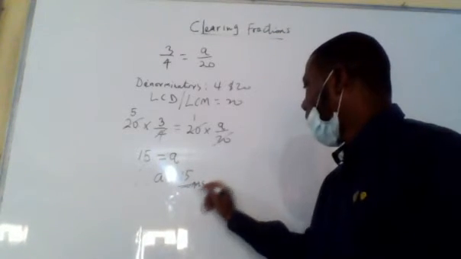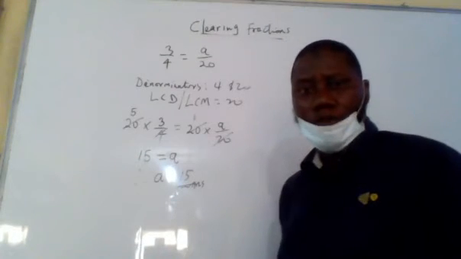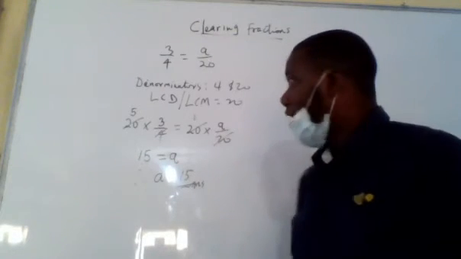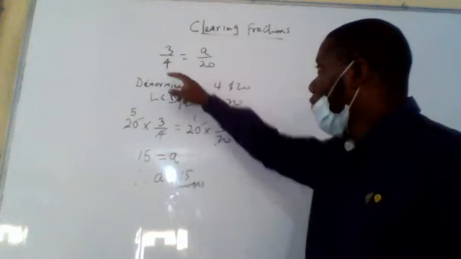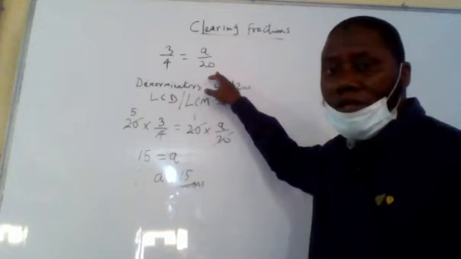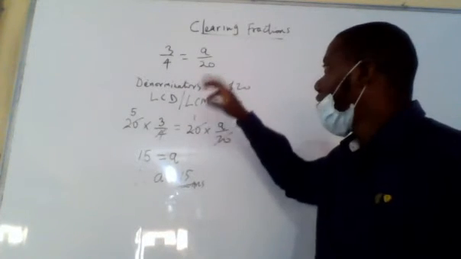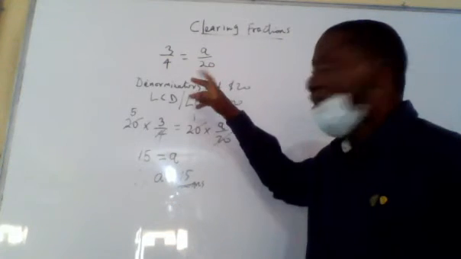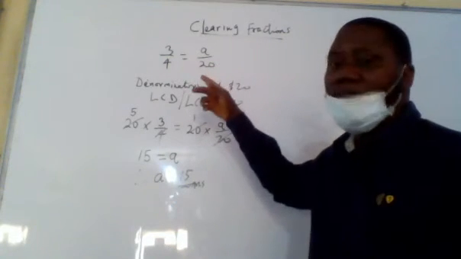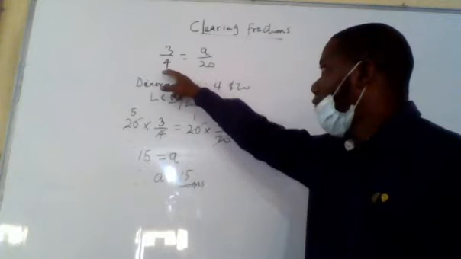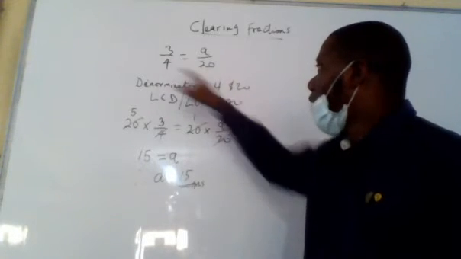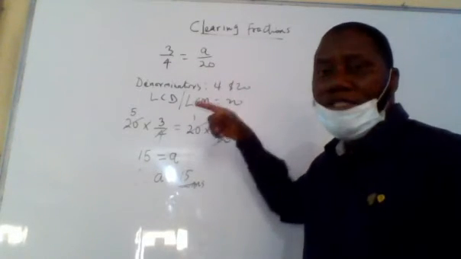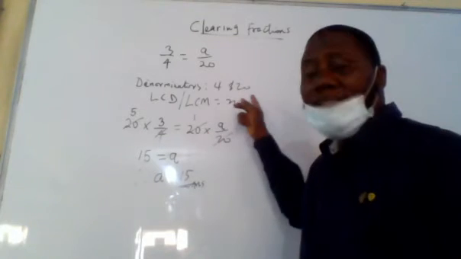That is the answer. Okay, don't forget what we have done. We identify the lowest common denominator, and how do you do it? You look for a number that can go into the 2 denominators, 4 and 20. 4 can go into 20, 20 can go into 20, so our LCD is 20.